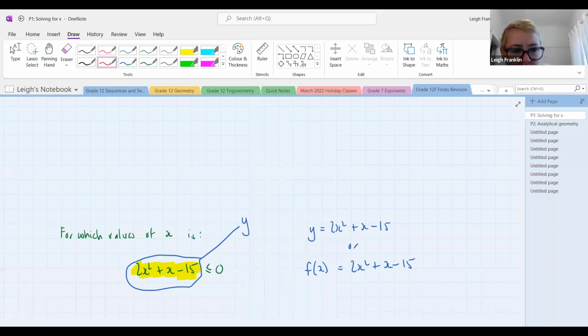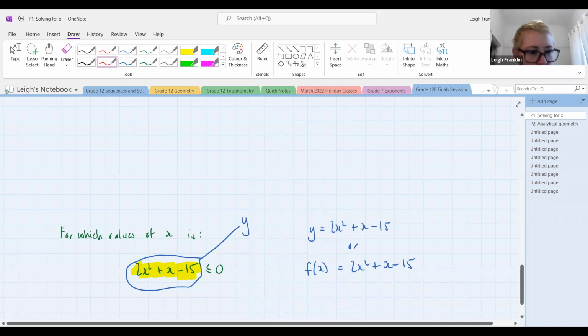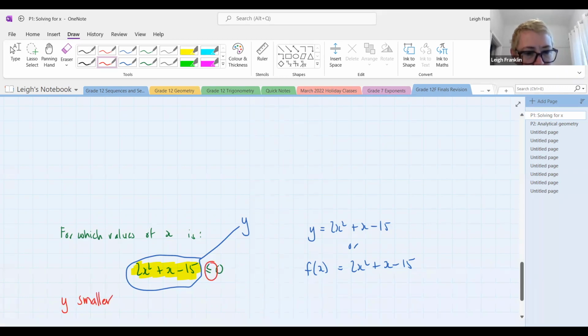Okay, so for which values of x is y smaller than, because of my sign here, smaller than or equal to 0.